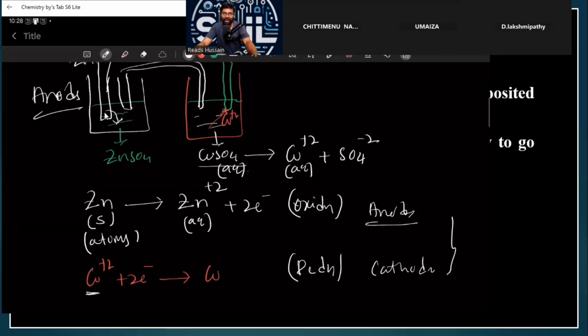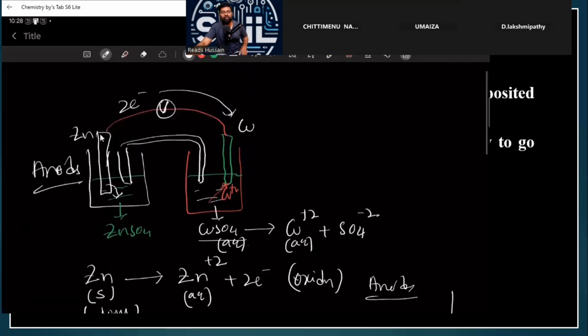Towards the anode, what happens? Zinc metal atoms enter into the solution by leaving 2 electrons. These 2 electrons will move through the external wire. That means what is the charge of this anode? The charge of the anode is negative because it is giving out electrons.